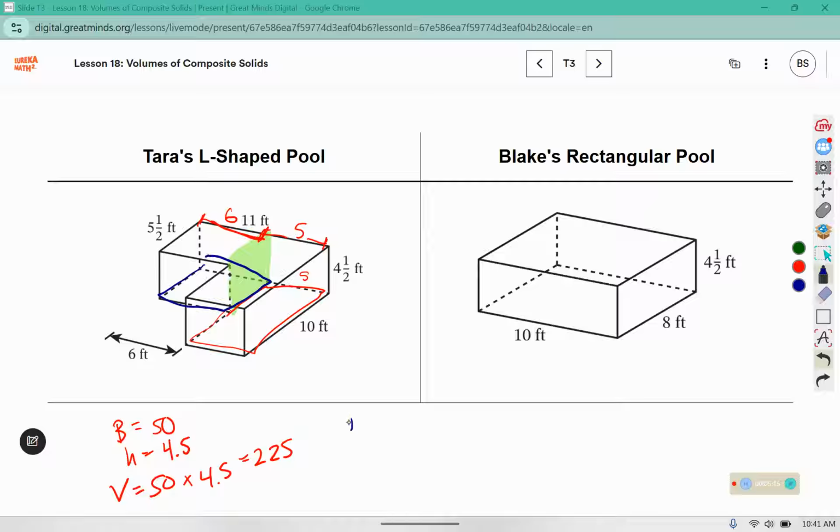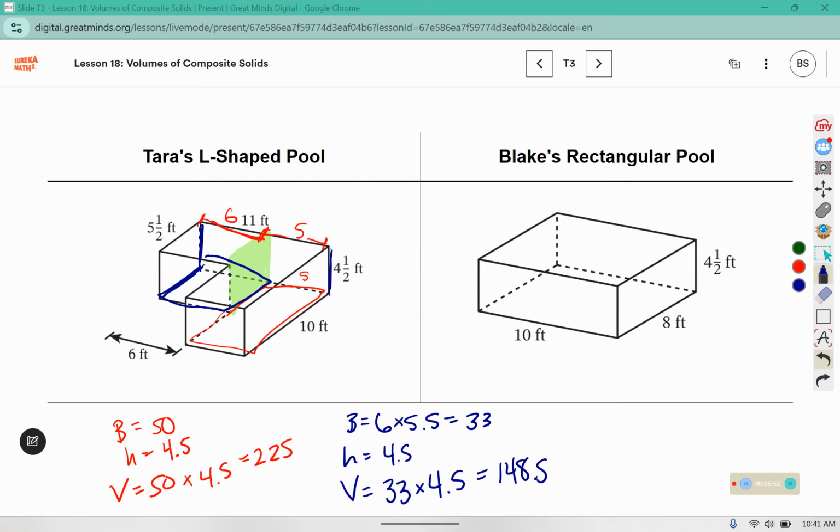Then we still need to find this section here. It is 6 wide, and it is 5.5 feet across, which is 33 for the base area. It also has a height of 4.5. So to find the volume of that piece, we're going to multiply the base area by the height, which is 148.5.